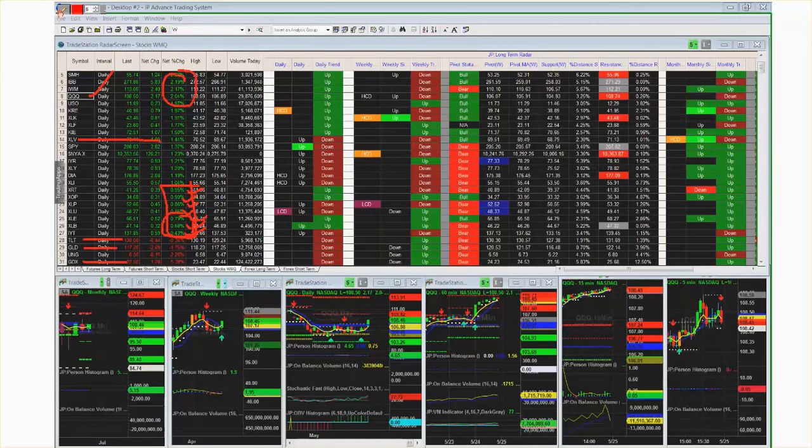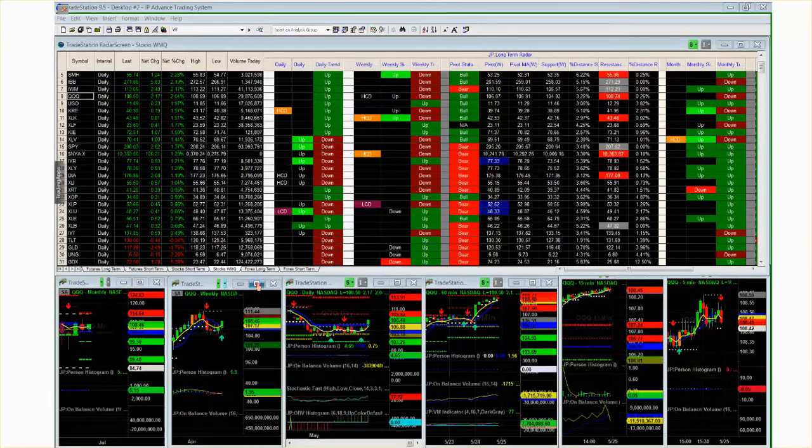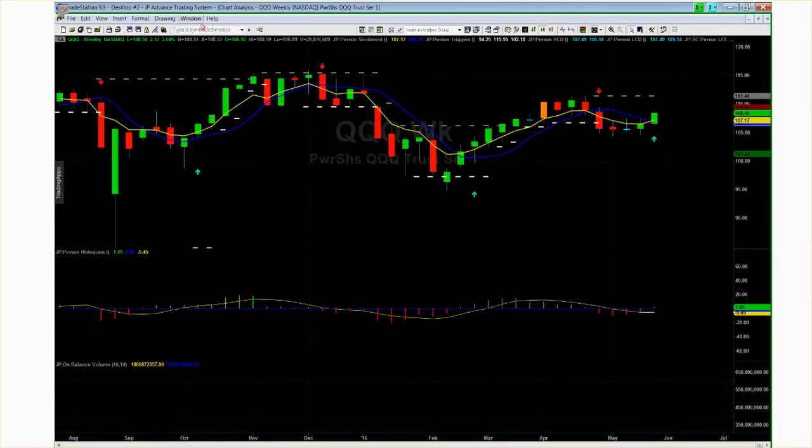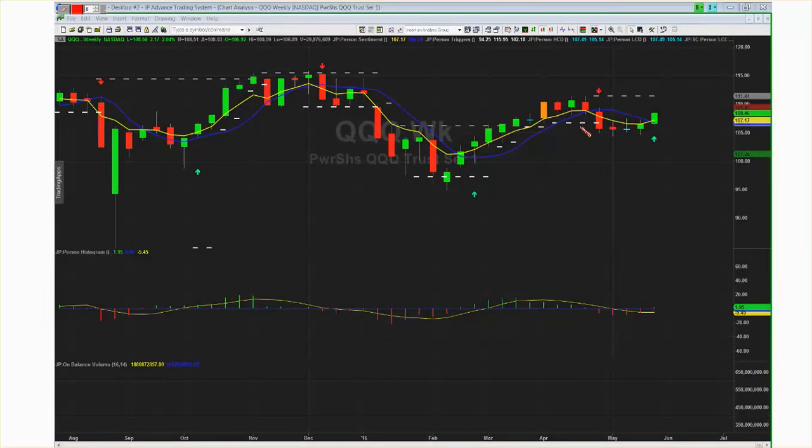So let's take a look at the Qs real quick, because I think this Friday you're going to note a couple things. First and foremost, you're going to note one of my select patterns, which hasn't happened, but you will see that that was a doji.